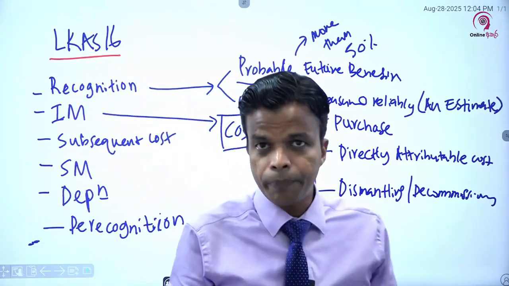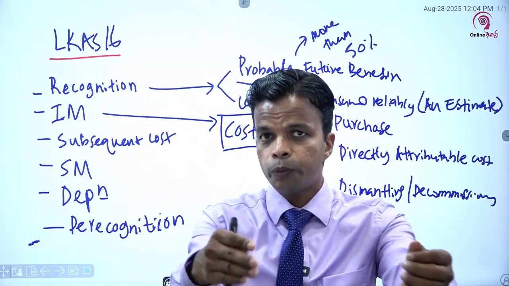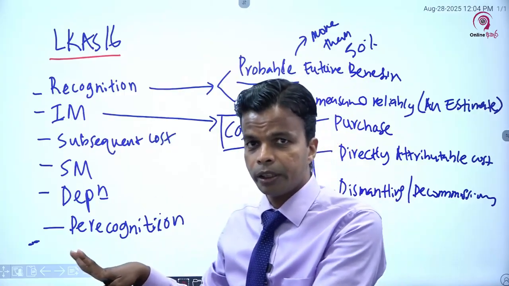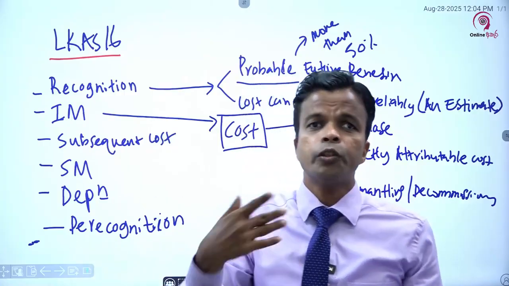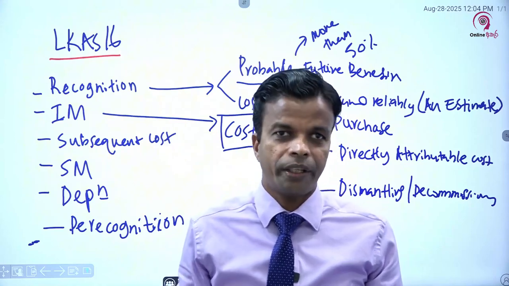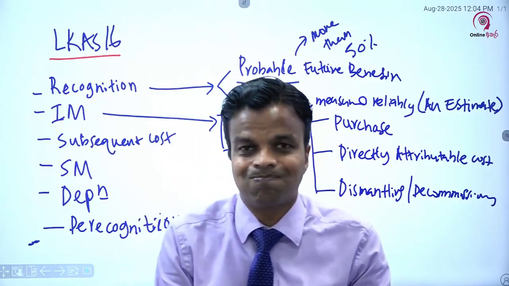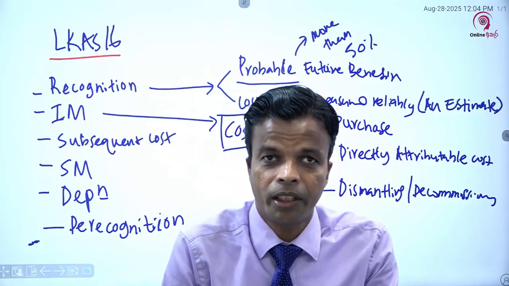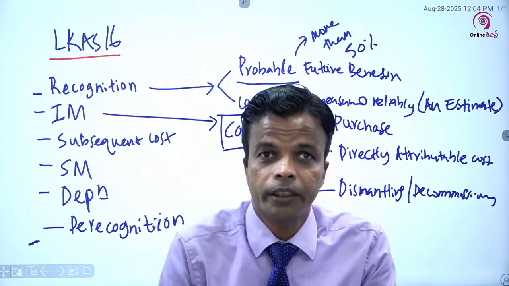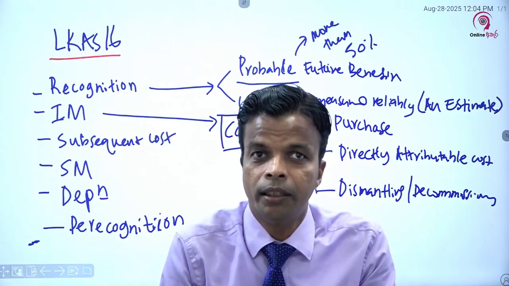Now, for PP&E, yes, you purchase today, you record initially as PP&E, but subsequently also you incur some cost, right? Let's say, for example, I have a machine, and after 1 year, a technician comes and checks this machine and does some repairs.